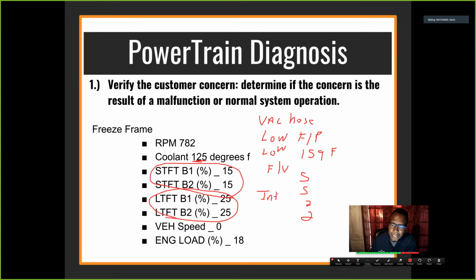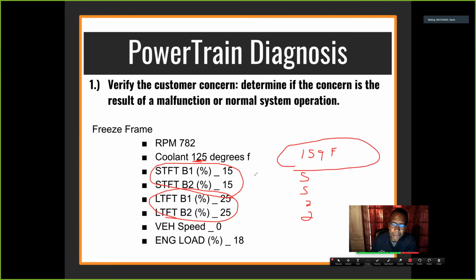Now, again, all these vacuum leaks can cause this condition, right? Low fuel pressure can cause this condition. Low fuel volume causes this condition, and an intake can cause this condition. But like any test, I tell people in the class, the clue is always in the question.